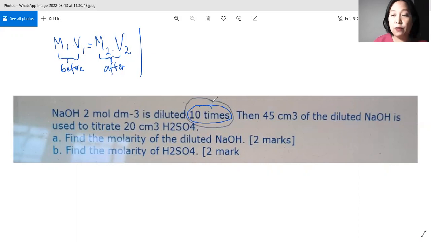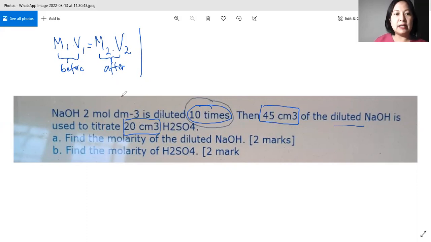First, you have to be careful because there are several kinds of volume data here. The first one, 45 centimeter cube of the diluted NaOH is used to titrate 20 centimeter cube, or milliliter, of sulfuric acid. So these volumes are the volumes used in titration.